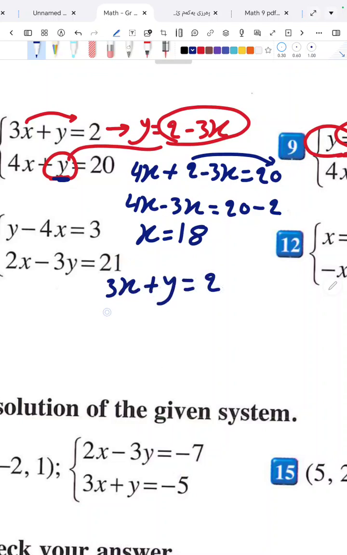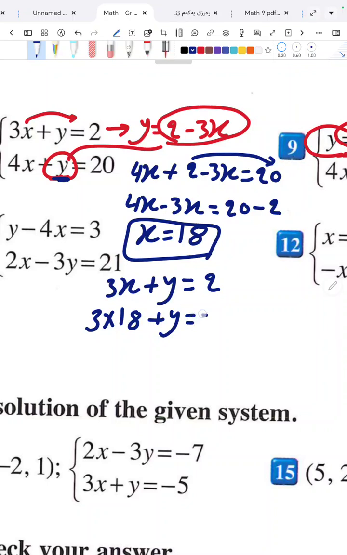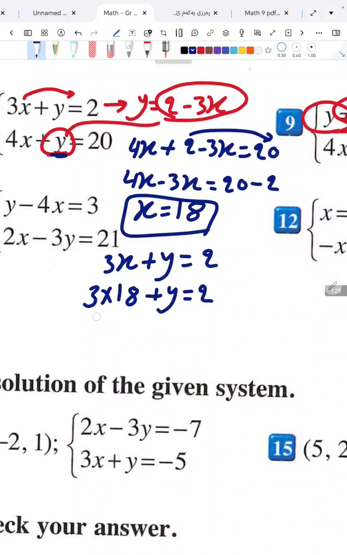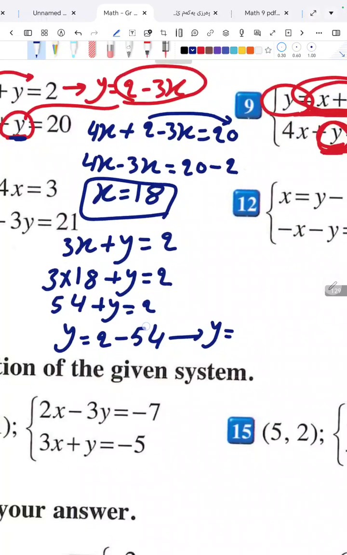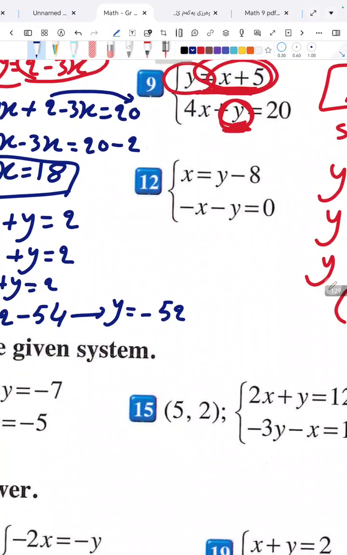And instead of x, write 18. 3 times 18 plus y equals 2. 3 times 18 equals 54, plus y equals 2. y equals 2 minus 54, move 54 to the other side. So y equals negative 52. So our ordered pair is 18 and negative 52.